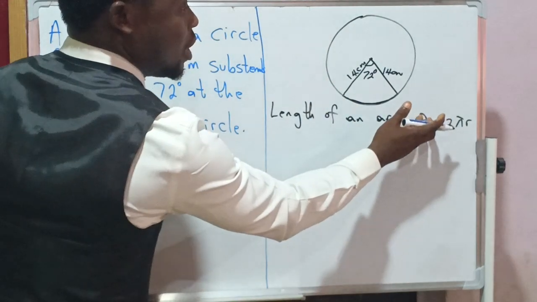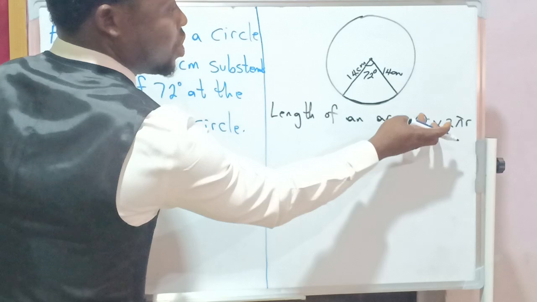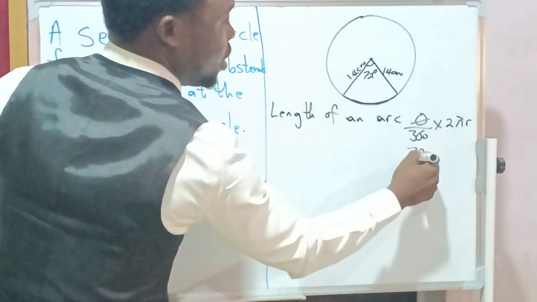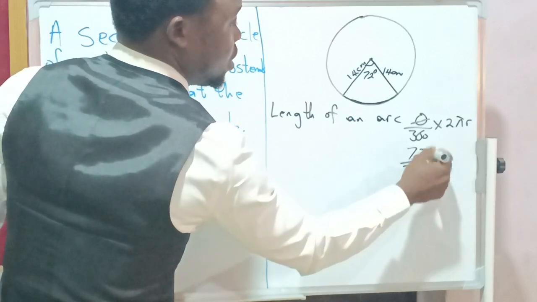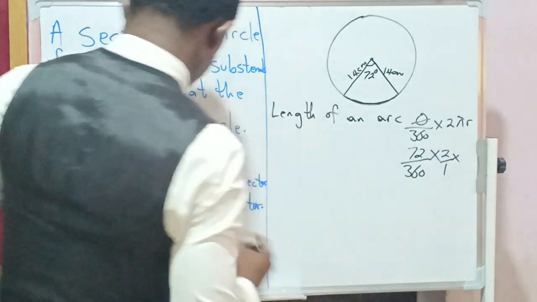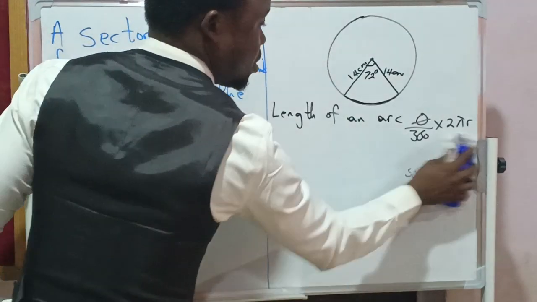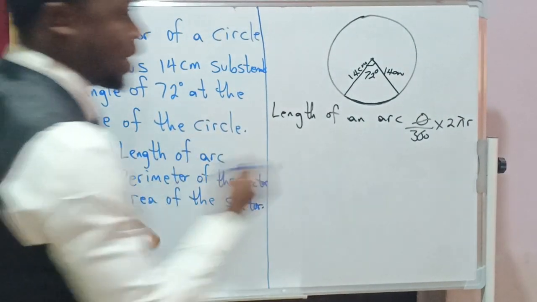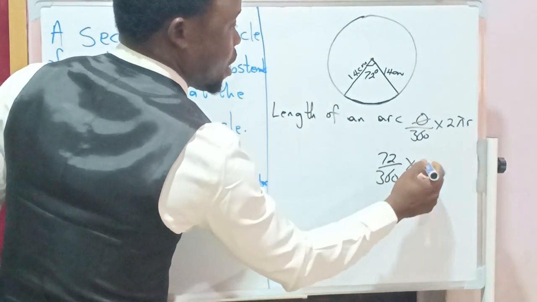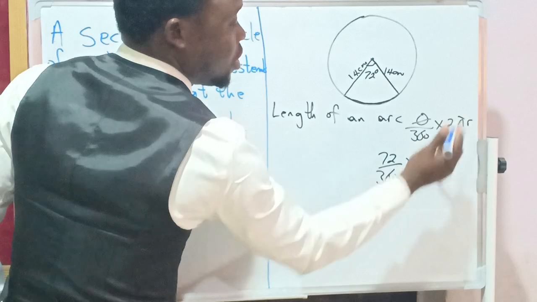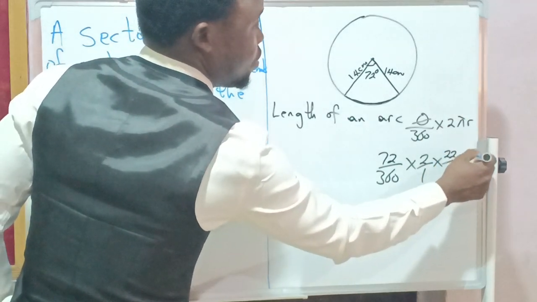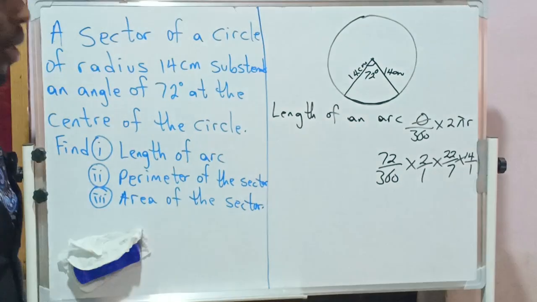So the angle, which is the theta, is 72 degree over 360 times 2 over 1 times pi, which is 22 over 7, times the radius, 14 centimeter over 1.